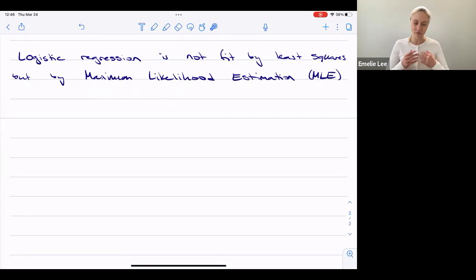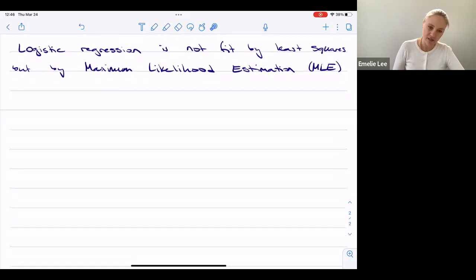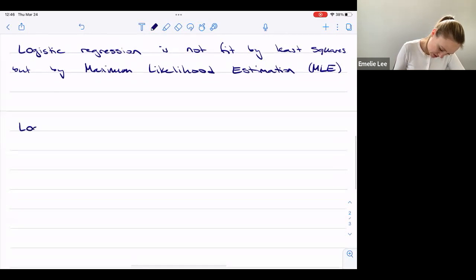But anyways, so if we don't have least squares, then we're not going to have things like the RMSE or the R squared. So we're going to need to find other ways of figuring out how wrong we were or how well our model fits our data, right? And also its predictive abilities. So I'll put it on a fresh page here.